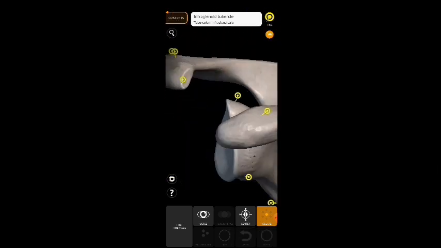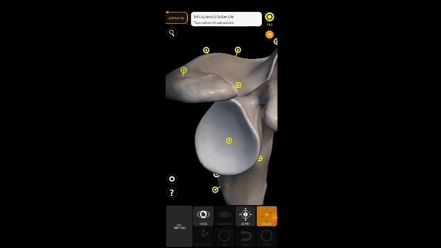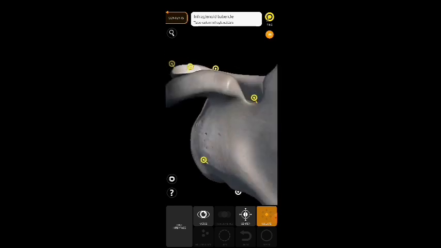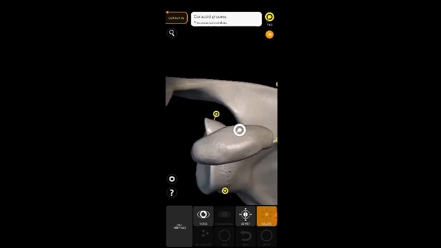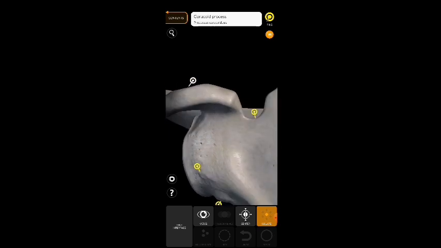And this is the coracoid process, which is finger-like. At the root of the coracoid process, you can see here, there is a suprascapular notch.